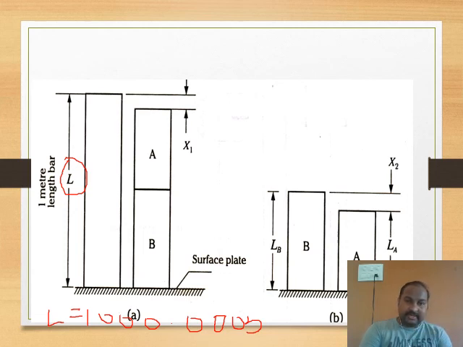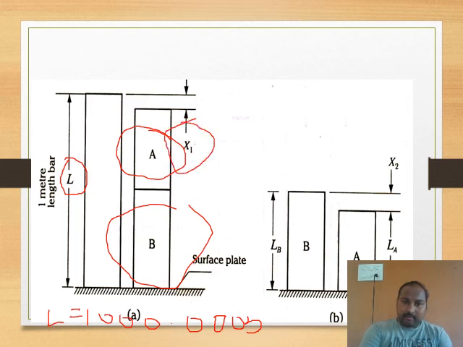Similarly, LA and LB, when both are run together and compared with the capital L, we get x1 shorter, which is equal to 0.0002.